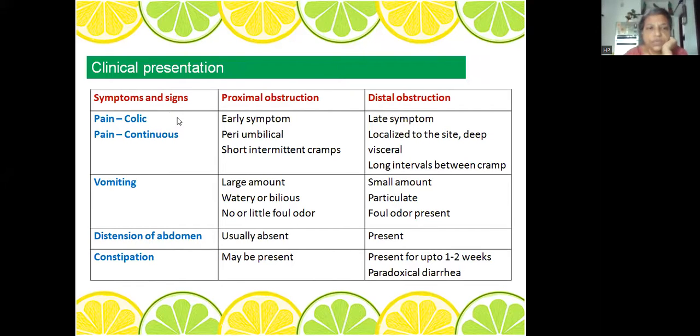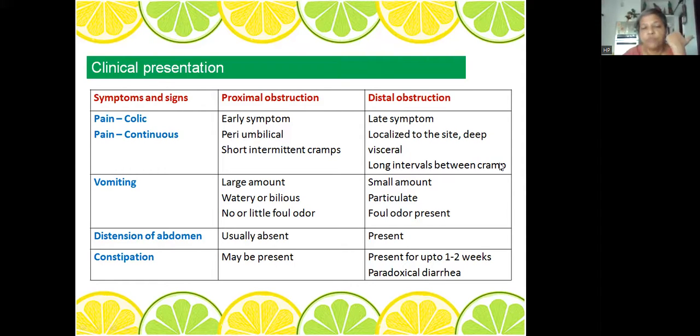Symptoms and signs: proximal obstruction versus distal obstruction. Pain can be colicky or continuous. In proximal obstruction, early symptoms like periumbilical short intermittent cramps will be there. But in a distal obstruction, there are late symptoms localized to the site, deep visceral pain, with long intervals between the cramps.